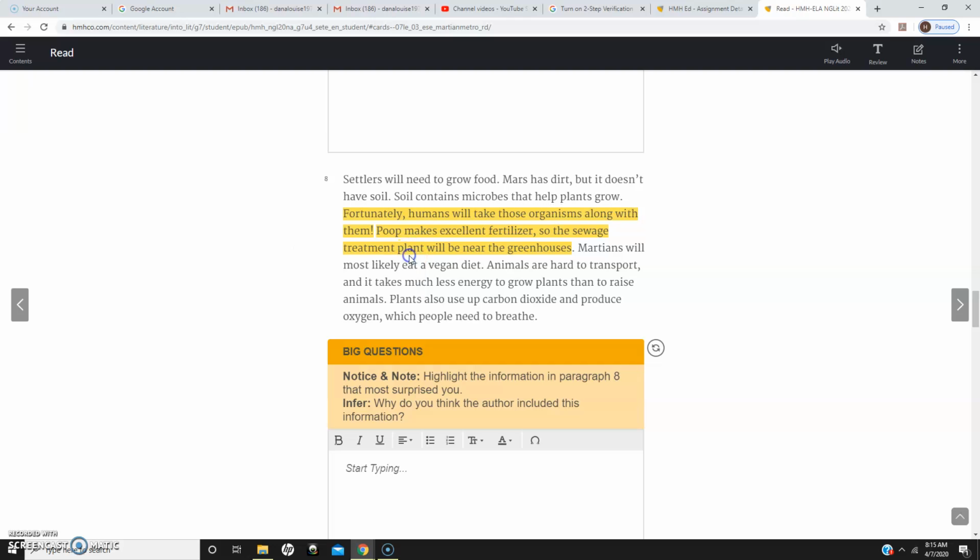And the reason why I would like to highlight that, I'm thinking about human poop as fertilizer. Of course, if you know anything about living on the land, people use animal poop. But in this case, human poop. So that's what's surprising to me.